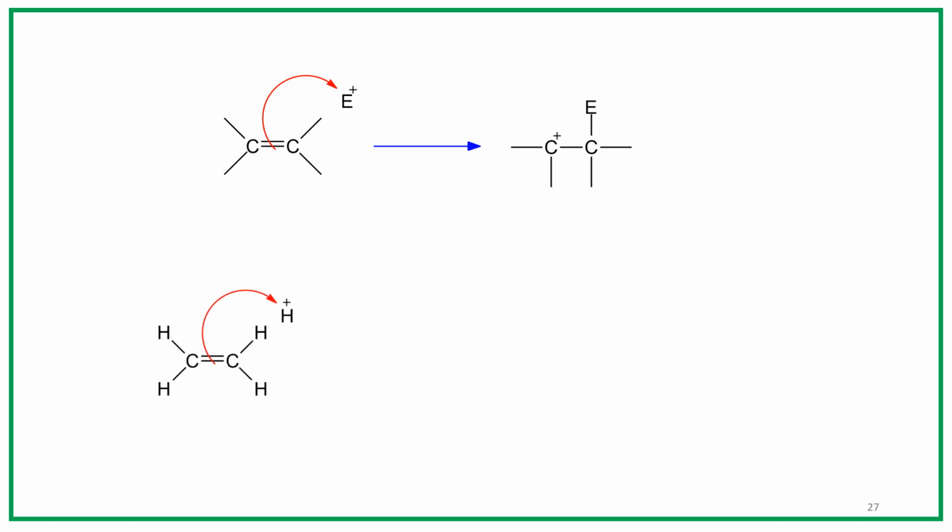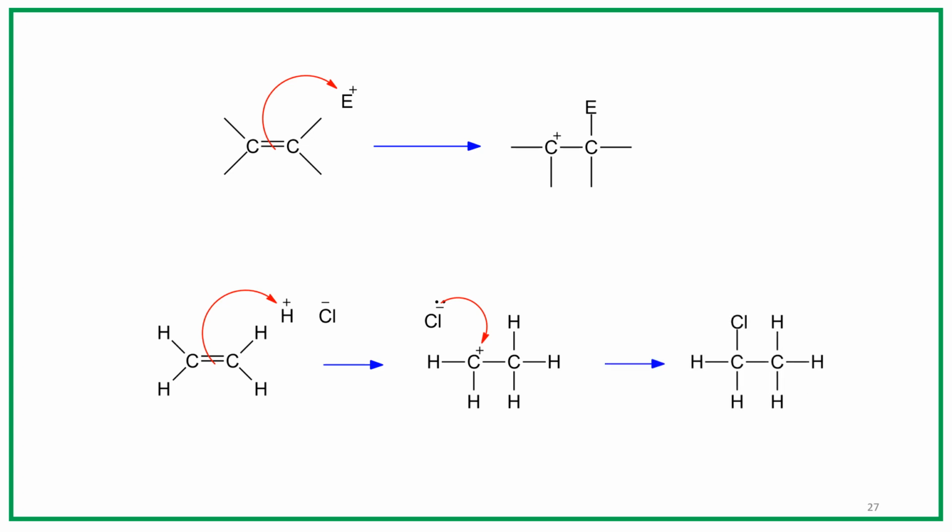Then the plus charge of the electrophile moves to one carbon atom. This is the example, H plus and HCl. If you add HCl to an ethylene compound, these pi electrons can be taken by H plus and they can form this kind of carbocation. Then this chloride ion can join with this carbon atom to form again an alkyl halide.